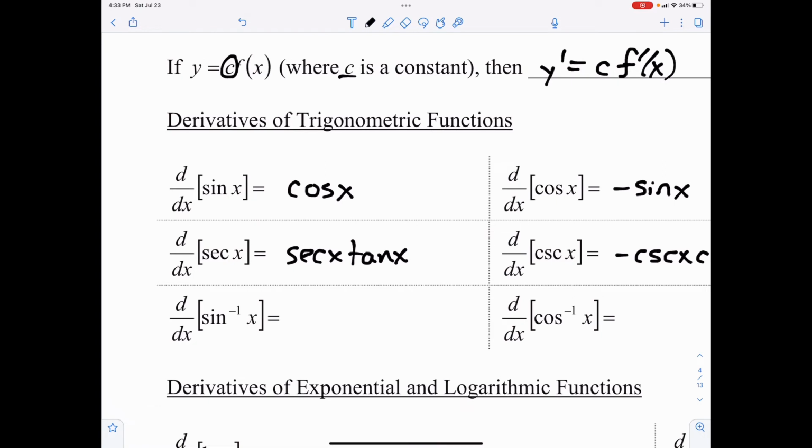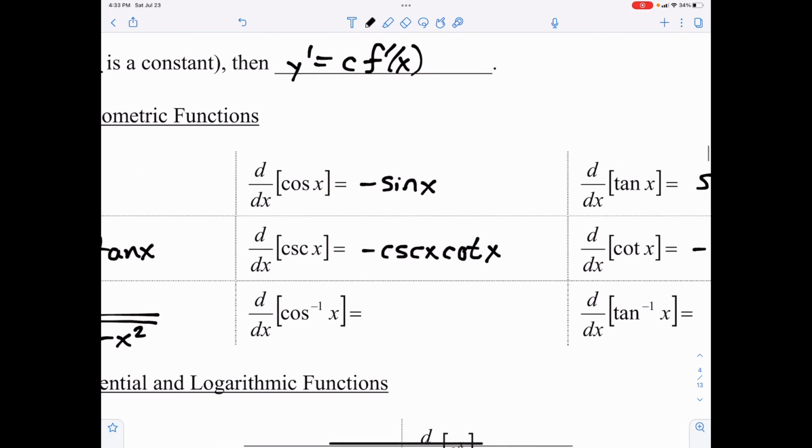As far as the derivatives of your inverse trig functions, the derivative of arcsine of x would be 1 over the square root of 1 minus x squared. The derivative of arccosine would be negative 1 over the square root of 1 minus x squared.